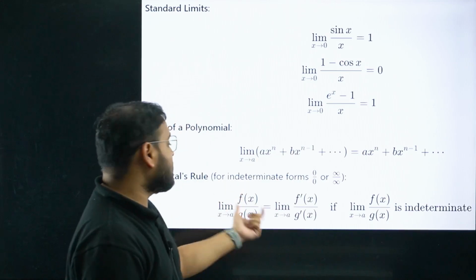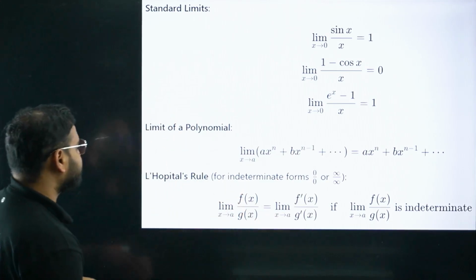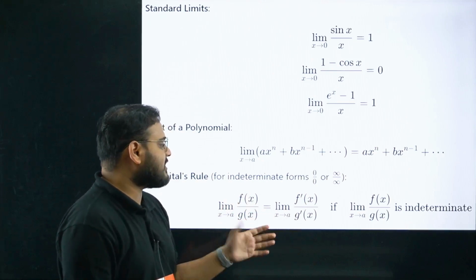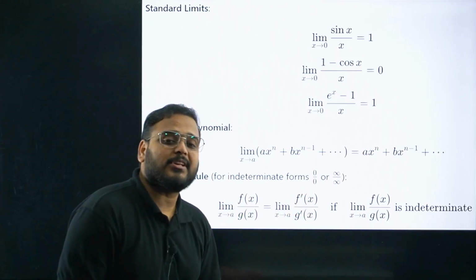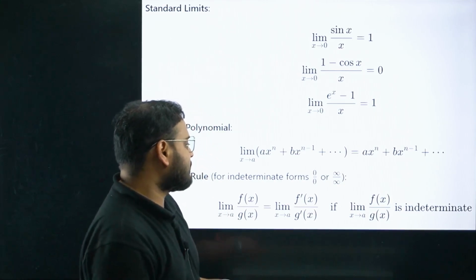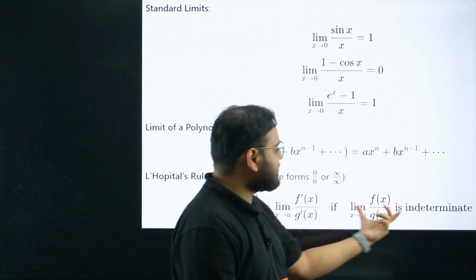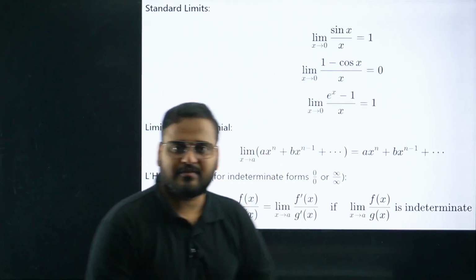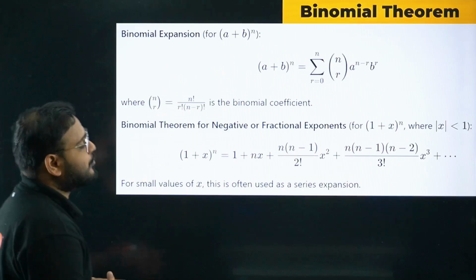For that we use L'Hospital's rule. What is that? Limit of f(x) by g(x) as x tends to a: same thing, nothing will change, just take the derivative. Why are we doing this? To remove the indeterminate form. If this is indeterminate, you have to find the derivative to remove the indeterminate form. So please make use of this as well. Very, very useful at times.